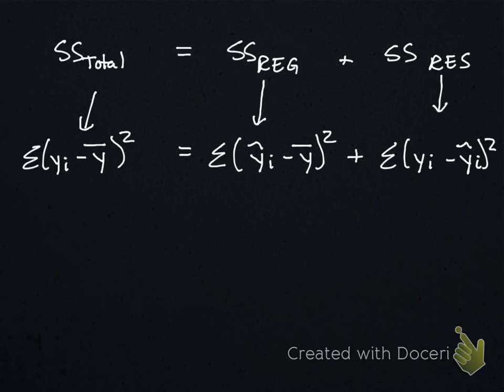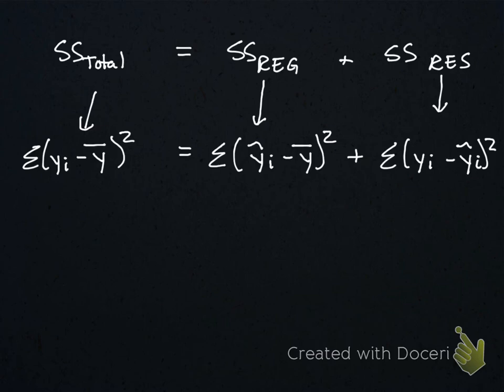So we have our sums of squares terms. Now we need our degrees of freedom terms, and we use those degrees of freedom terms with the sum of squares terms to get those mean squared terms we need for the actual F ratio.